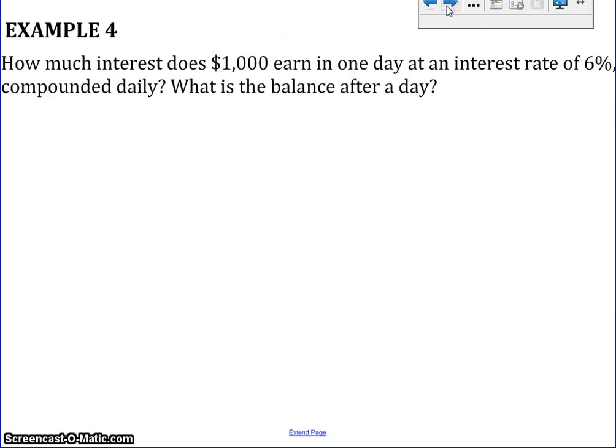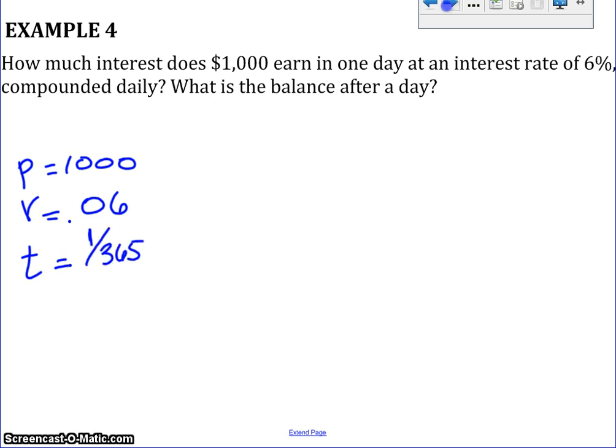All right, how much interest does $1,000 earn at 6% compounded daily? Well, I know that I'm looking at 1 day out of 365 days, so my time looks like that. Plugging it into my formula, I have 1,000 times 0.06 times 1 divided by 365.